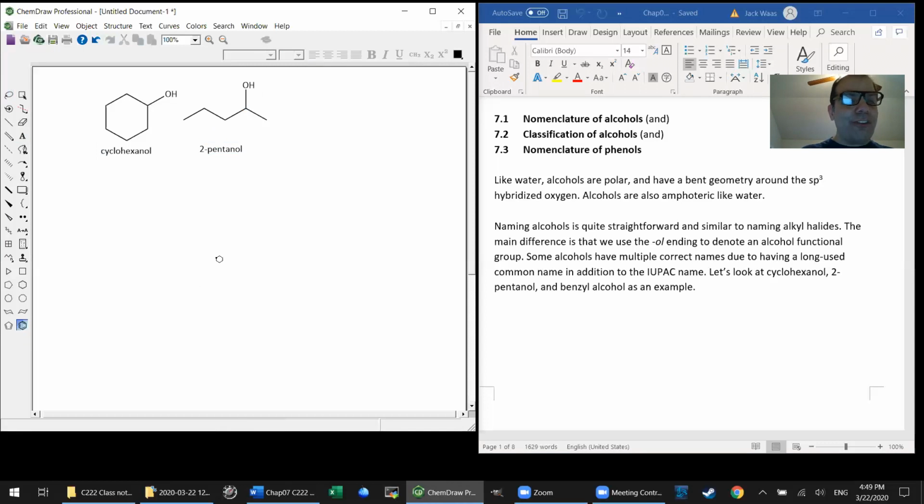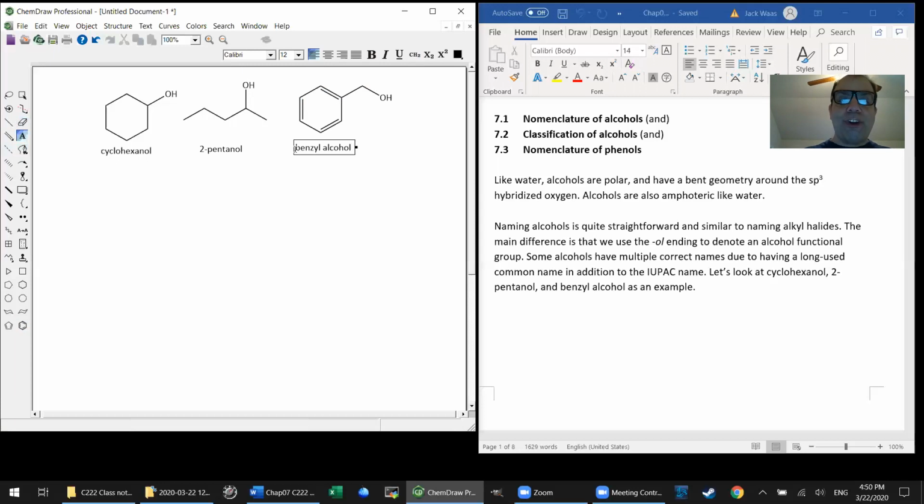Your book talks about benzyl alcohol. It calls it something like phenylmethanol, and that's not wrong, but no one calls it that. Benzyl alcohol, and again, that horrible word benzyl, makes it sound like the OH group should be on the benzene ring, but that's not the case. There's a CH2 between the benzene ring and the alcohol group in benzyl alcohol.